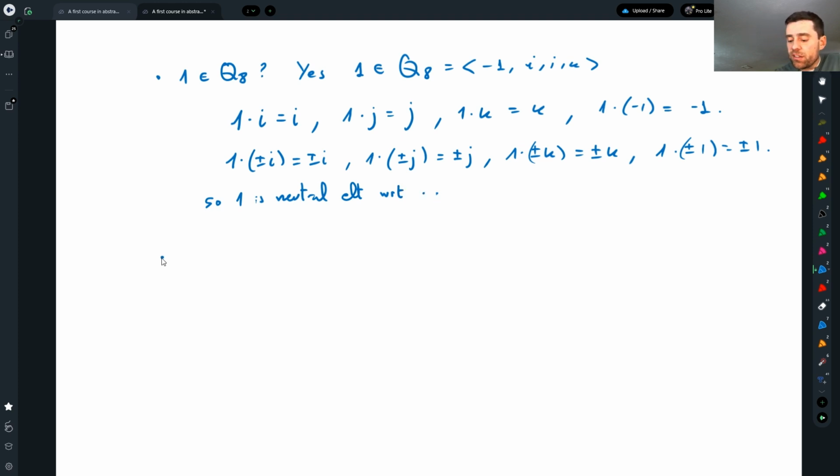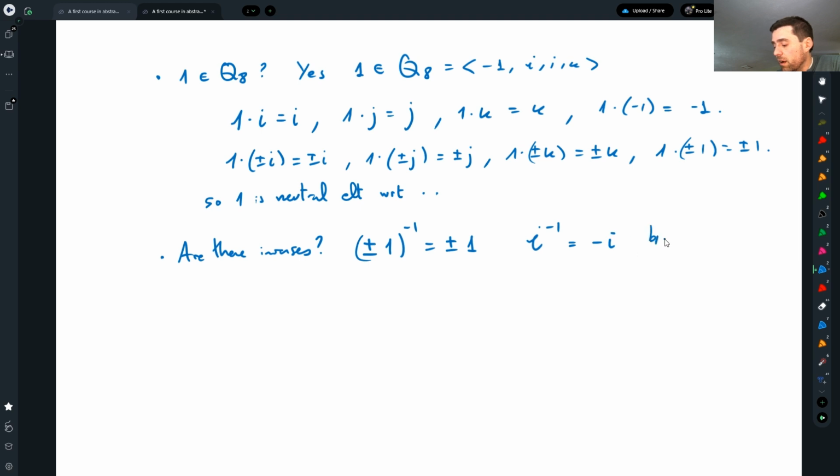What else do we need? We need inverses. Are there inverses? And also, there are inverses. The inverse of plus or minus 1 is just plus or minus 1. 1 times 1 is 1. Minus 1 times minus 1 is 1. And then, what is the inverse of I? Well, that will be minus I, because I times minus I will be minus I squared. I squared is minus 1, and this will give me 1.